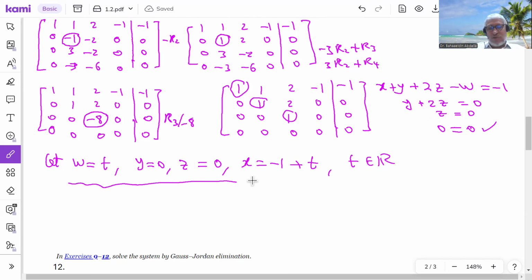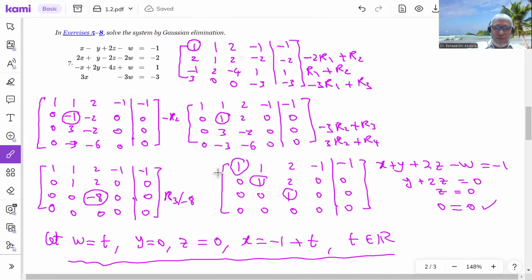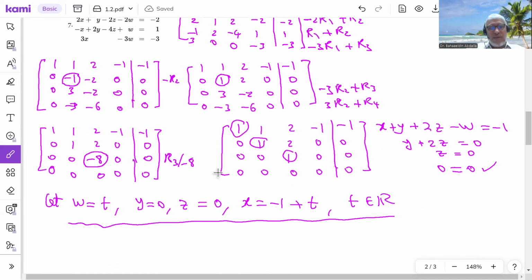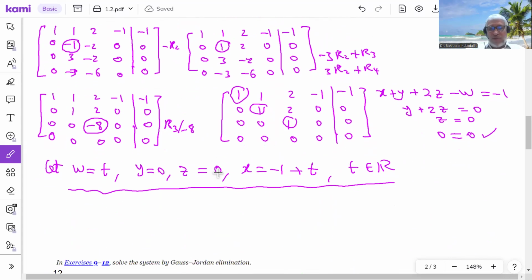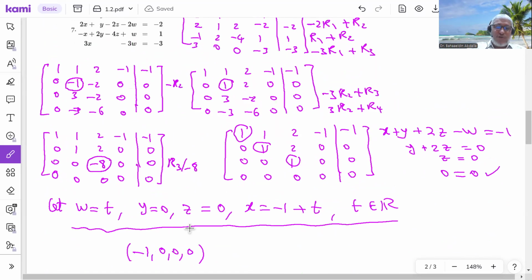So this is the general solution of the system, or these are the parametric equations of the system. You can check that your answer is correct by choosing a specific solution. For example, if you choose T to be 0, then X is negative 1, Y is 0, Z is 0, W is 0, because W is T. So this must be one of the solutions of the system.